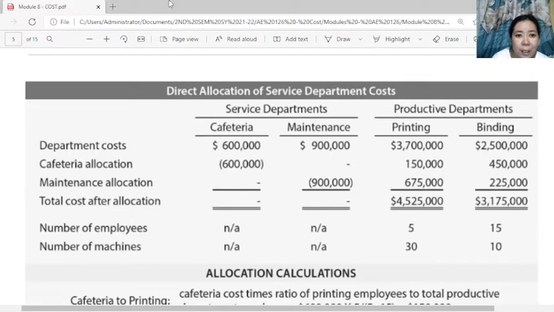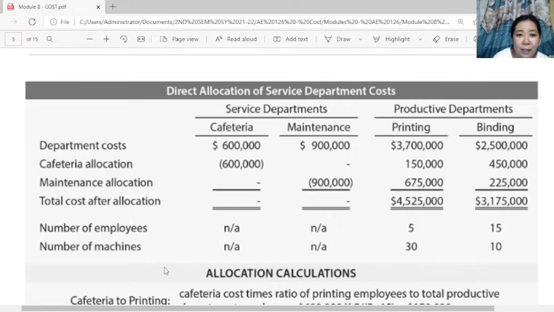Under the direct method, the basis for the cafeteria is the number of employees. In the printing department, we have 5 employees and 15 in the binding department.